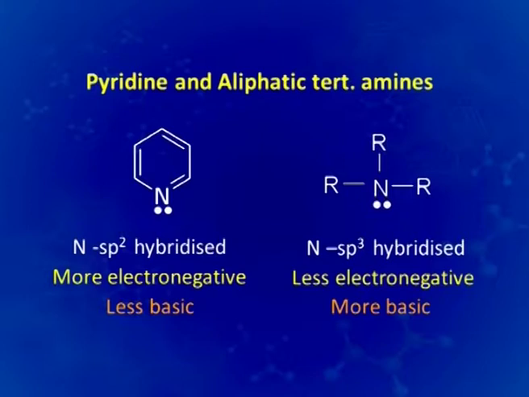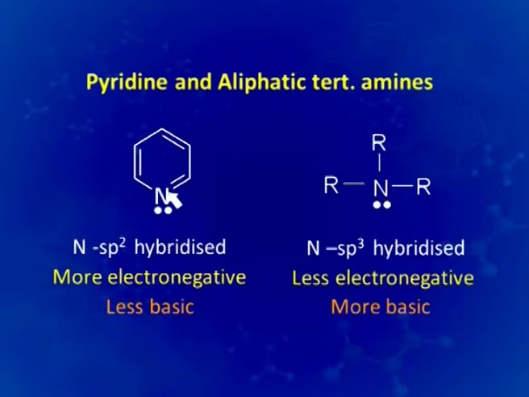And you would recall from your basics in organic chemistry that an sp2 hybridized atom or group is more electronegative as compared to the one which is sp3 hybridized. So, the sp3 hybridized group here is less electronegative. What do we conclude from this? That more electronegative means it is able to hold its electron pair to itself and not let it go to the other substrate.